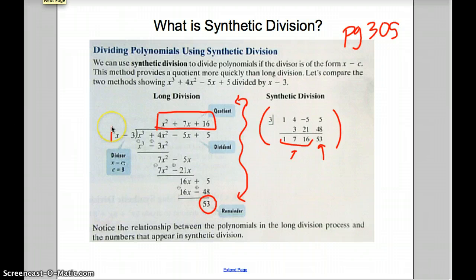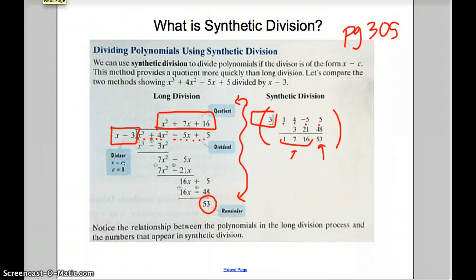Notice that the divisor, the thing that's dividing in, has been shorthanded into this corner. So that's going to kind of show up in the same spot. And then take a look here at the dividend, the thing that's being divided, is broken out and taken to bare bones, just the coefficients of the terms in descending order, descending degree, I should say. So we're going to talk about how to get these numbers and how to break it down.